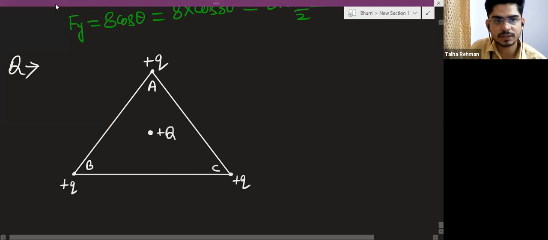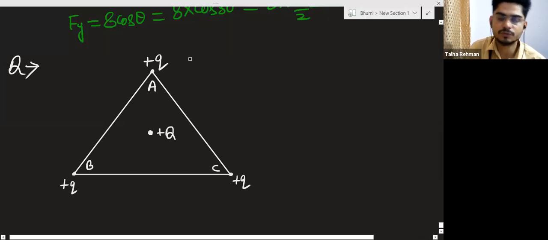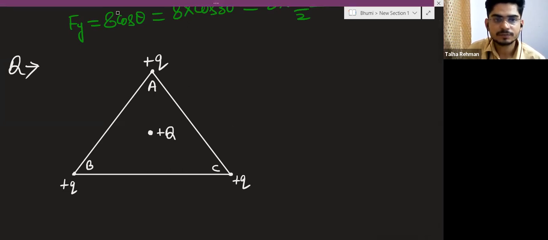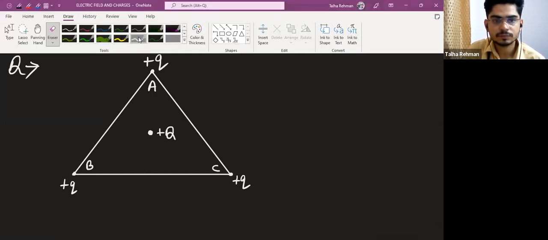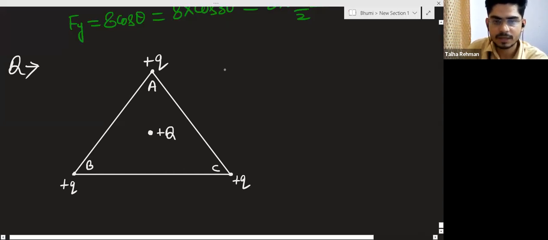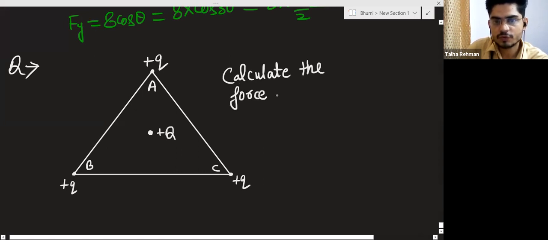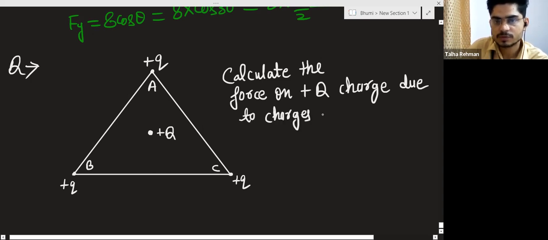And this is the position O. Calculate the force on plus Q charge due to charges on the vertex of triangle.